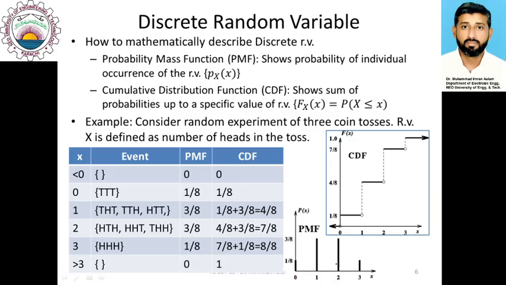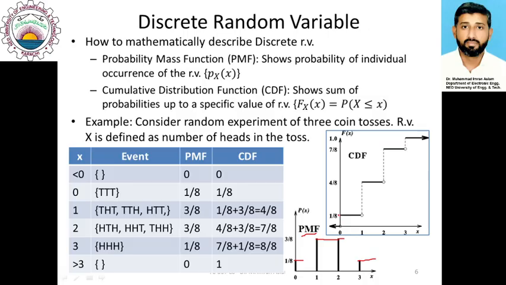In these graphs here, I have illustrated the PMF and CDF of this case. So PMF takes this value. For x equal to 0, the probability is 1 by 8. For x equal to 1 and 2, the value is 3 by 8, whereas for x equal to 3, the probability is 1 by 8.